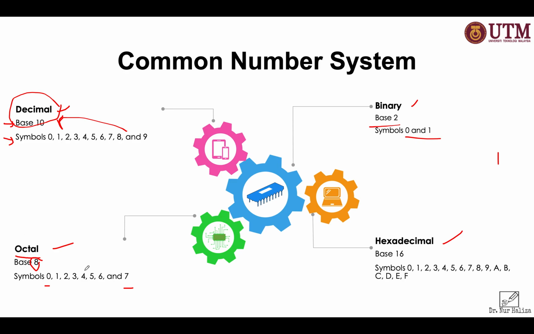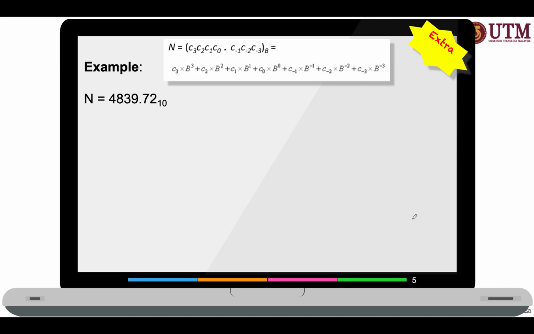And then hexadecimal is base 16, and the symbols are 0 until 9, followed by A until F. It's quite simple if you can memorize this basic understanding of the numbering system for each base: decimal, binary, octal, and hexadecimal. So let's move on to the examples.